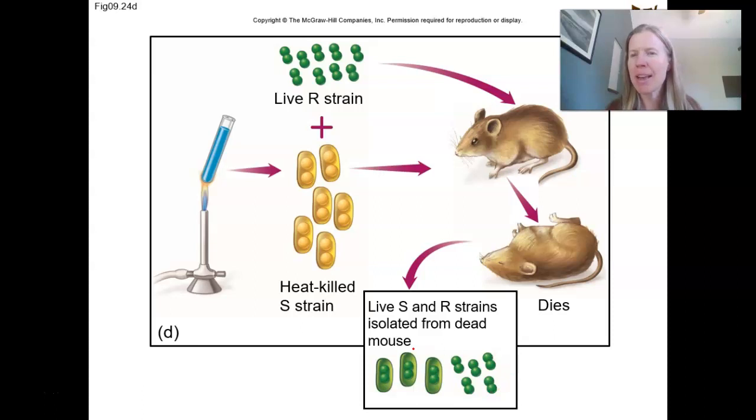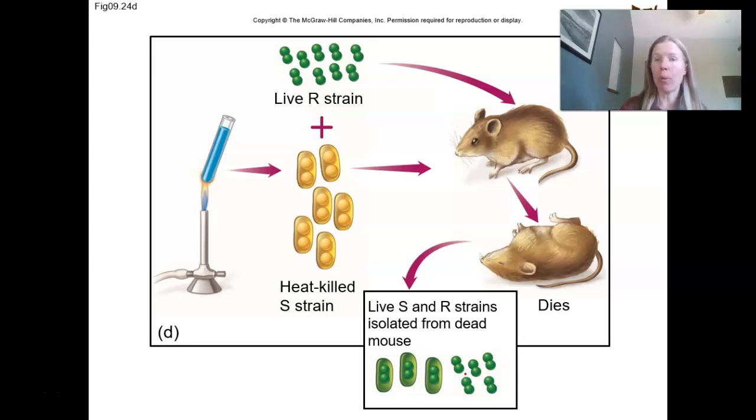If you look at that dead mouse and isolate the bacteria that were in there, there are some capsule-forming bacteria. Transformation is what explains that. These live R strains were able to pick up some of the DNA and gain the instructions on how to make a capsule, which allows them to be more pathogenic.